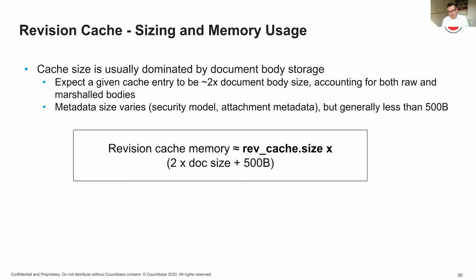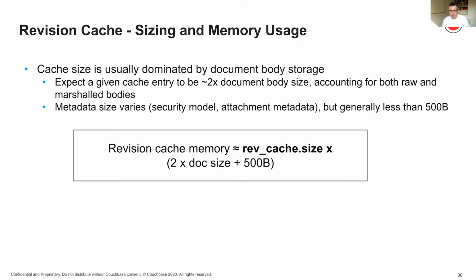So let's think again about sizing and memory usage. Unlike the channel cache, the size of the revision cache is usually dominated by the document body size. You can expect a given cache entry to be up to 2 times the document body size. That accounts for both the raw document and the marshalled document that gets used when Delta Sync is enabled.